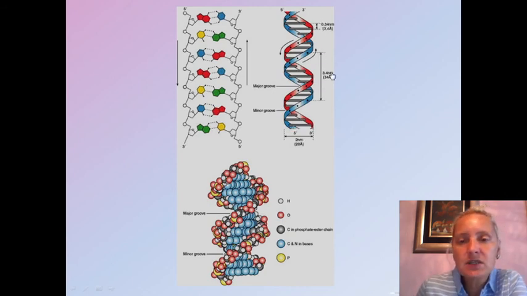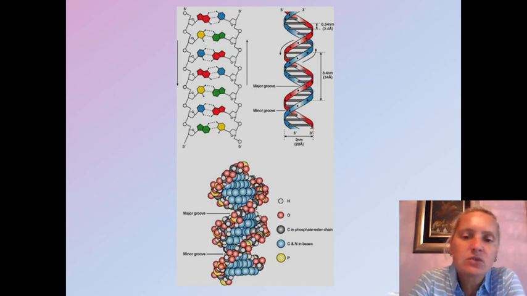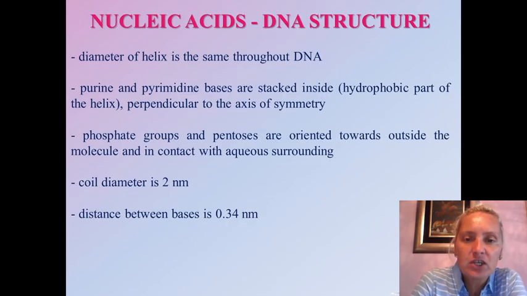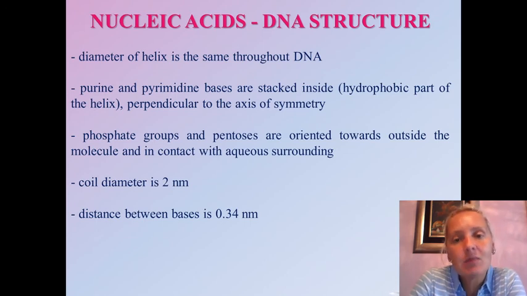And of course there are some dimensions of specific regions in the DNA molecule. You don't have to memorize all of these numbers, these are just for information. So the diameter of the helix is the same throughout the DNA molecule.